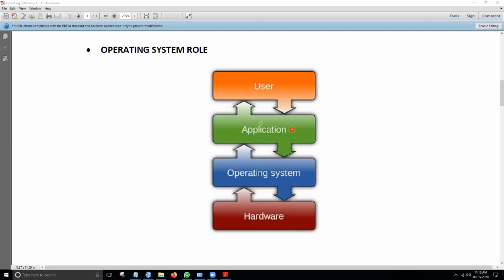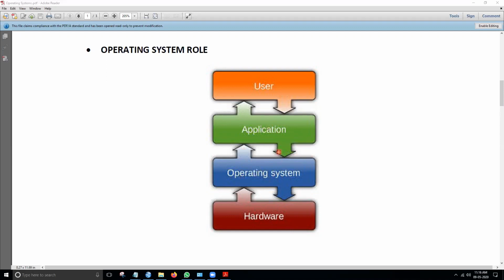So whatever application has to run, for example, you are running an application like WhatsApp, the user will be running that application program, and the application program will interact with the operating system. If there is some hardware requirement, then the driver and the operating system will be communicating. If the protocol matches, then the operating system will allow the hardware to fulfill that particular application's demand. This is what the operating system is doing.